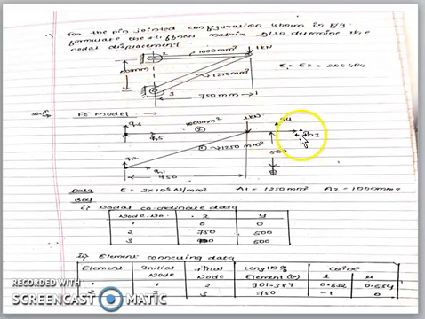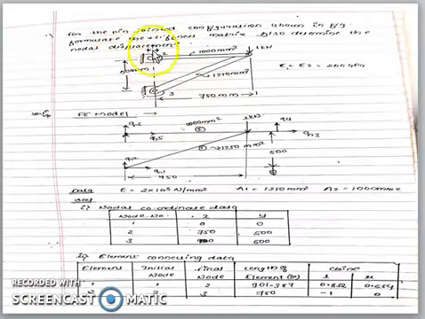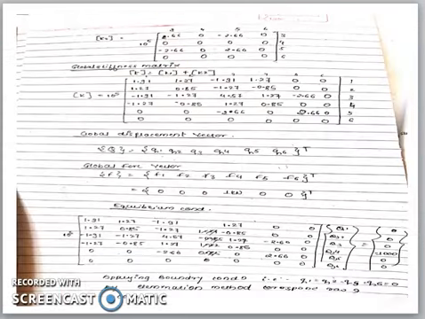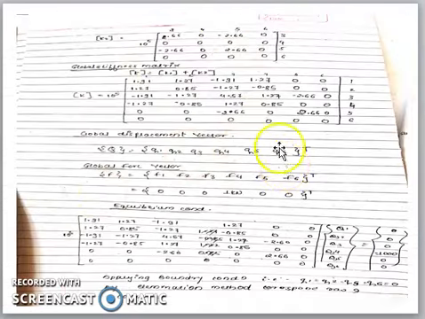F3, F4 is given. F4 is 1 kilonewton, but it is acting downwards, so take minus 1 kilonewton. F5, F6 is 0 because again it is not given, though you can say it is fixed also.